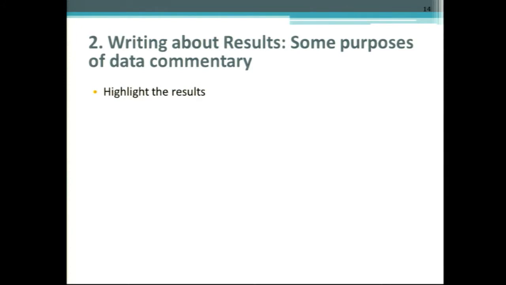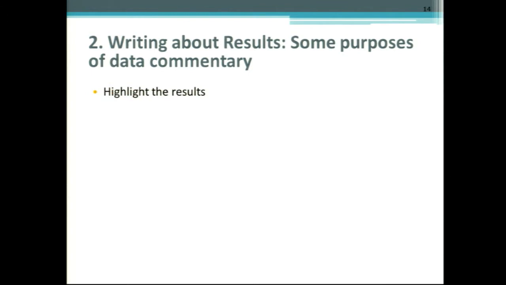Here I'm focusing on what I'm going to call a data commentary. So here's my data, here's my comment on my data. These are some of the things we do in a data commentary. The main thing is to highlight what results are interesting. We're not going to talk about every little data point, of course, but we're going to draw the reader's attention to what's interesting.